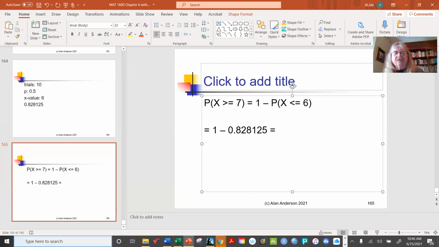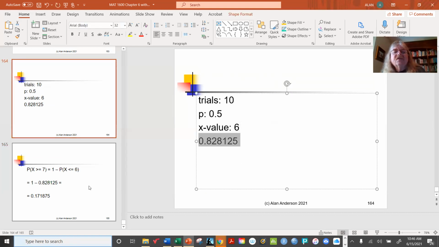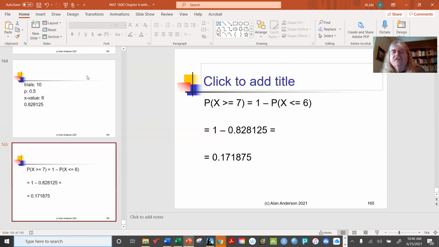Now you're going to have the right answer: 0.171875. So in other words, the only risk here is that it's easy to forget that when you get to this point, you still have to subtract that from 1 to get your final answer, because what we just did was calculate this value, but that's not what we need, is it? This is our final result.